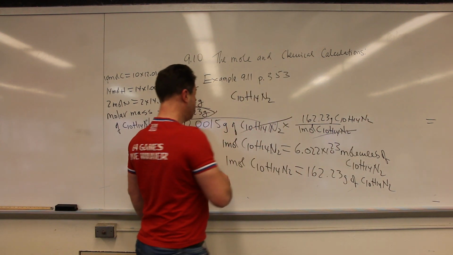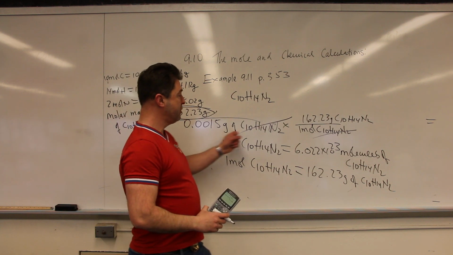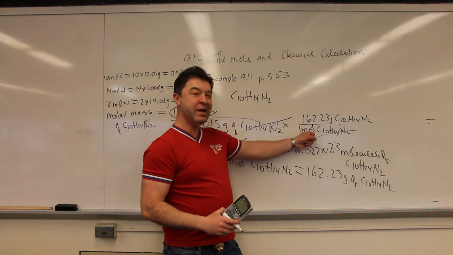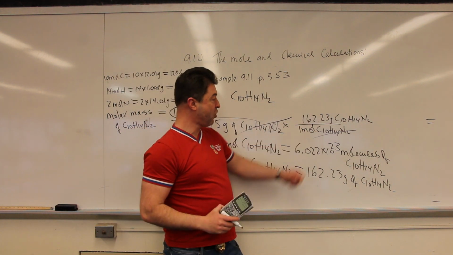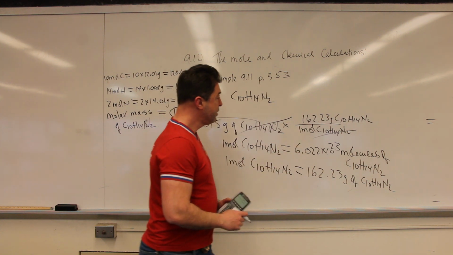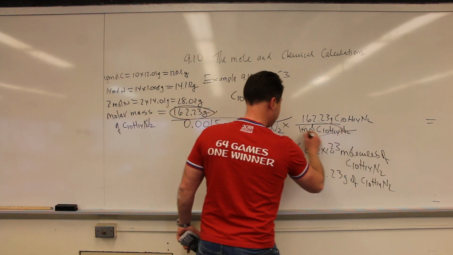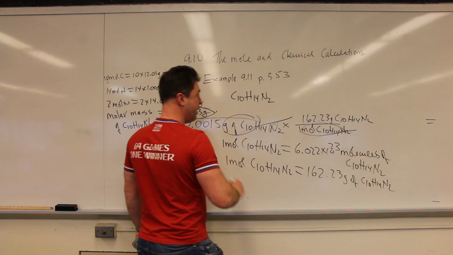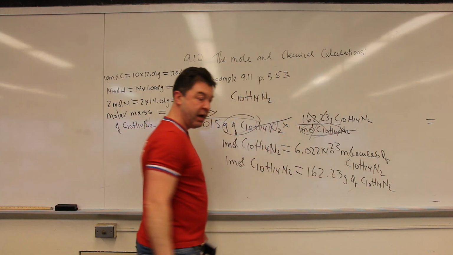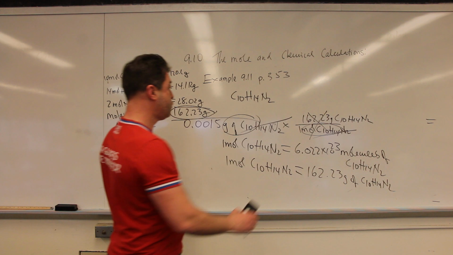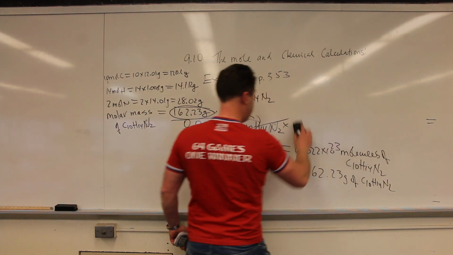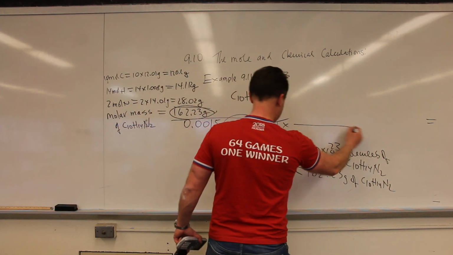Cancel, canceled. See, if I do it this way, remember how we make a mistake. That would be incorrect. I did it on purpose to see if you guys are still with me. That is incorrect because I cannot cancel the moles with the grams. Therefore, this is wrong. What I have to do is flip this and make it the correct way so I can cancel the units I don't want.